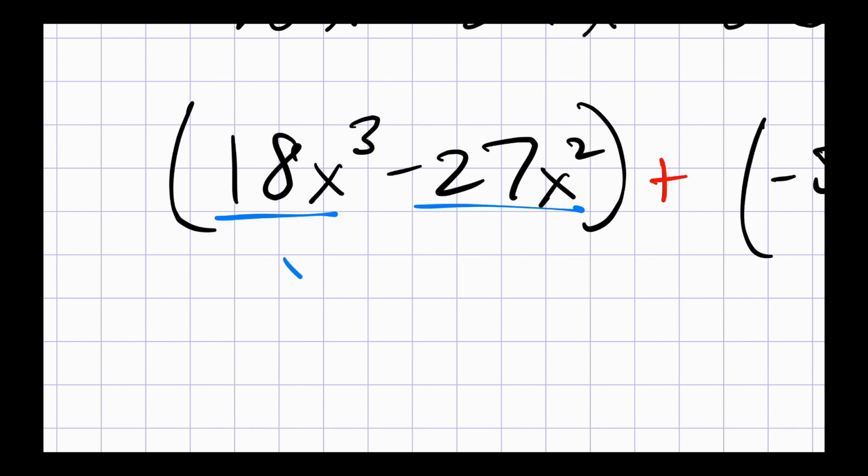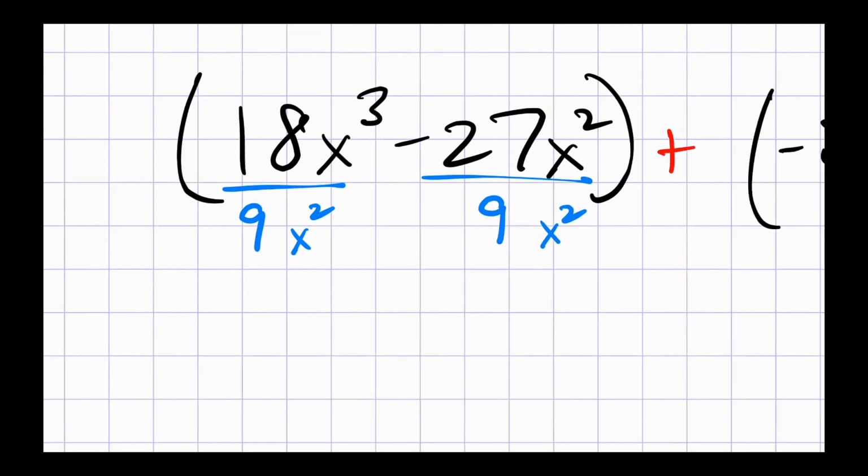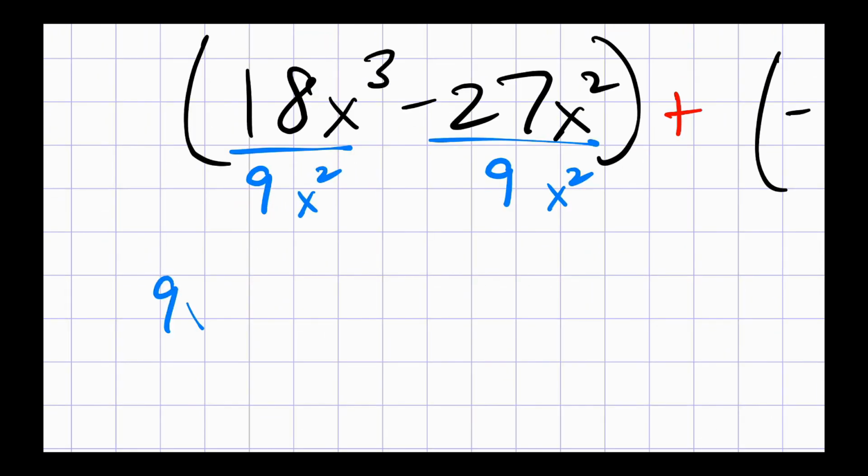So definitely x squared. And yeah, 9 as well, right? 9 is the biggest number that goes into both 18 and 27. 3 does, but the biggest number is 9. So I need 9x squared out in front, 2x minus 3.